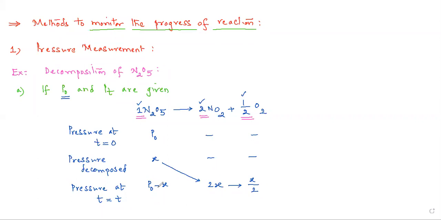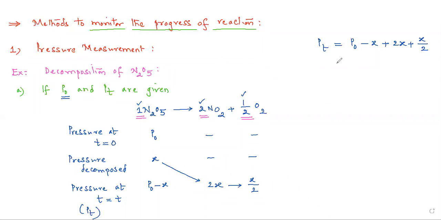See, overall, this can be given as PT. Now, PT, the pressure of the total mixture at a time t, can be given as P naught minus x plus 2x plus x by 2, right?